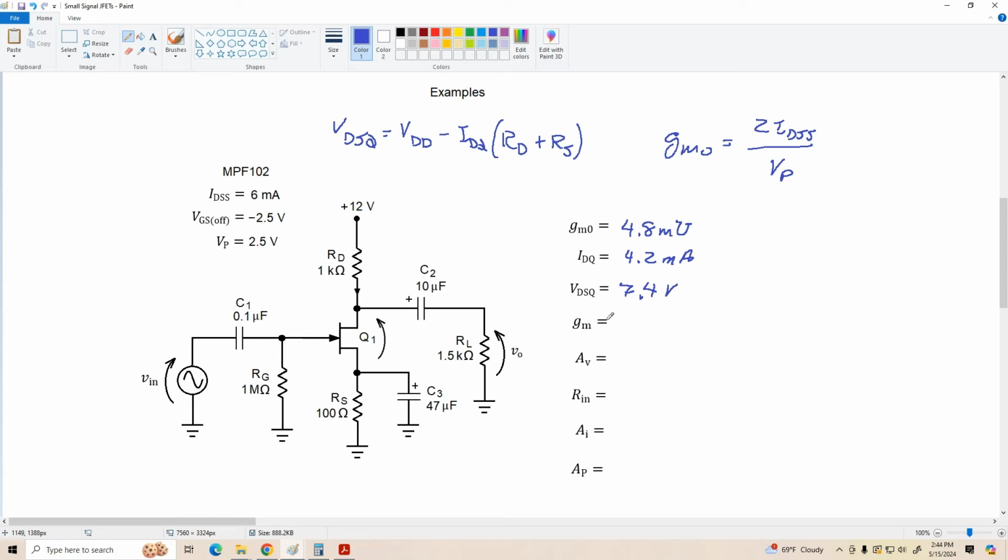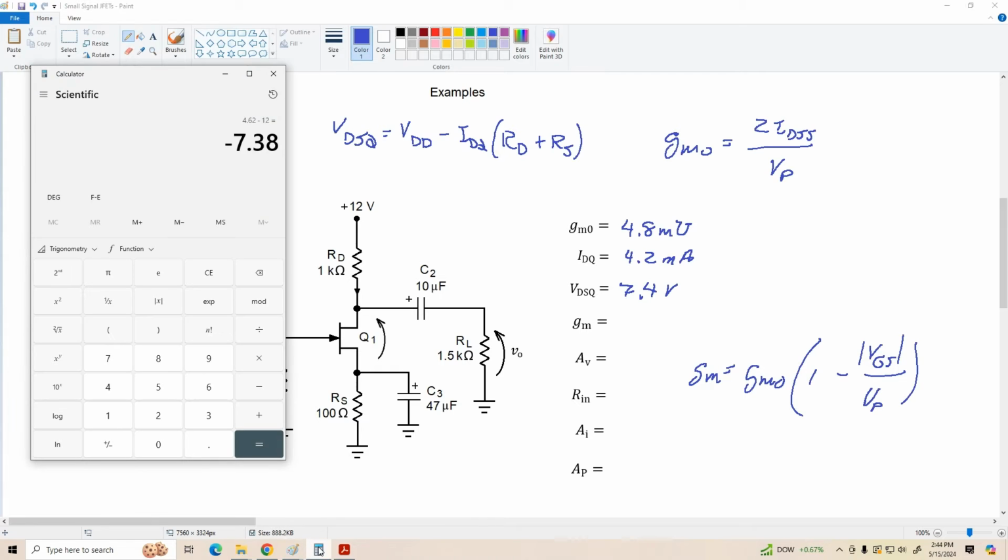All right, our transconductance at the Q point, GM, is equal to GMO times 1 minus the magnitude of VGS over VP. And if we call up the calculator, let's see what we get here. VGS is IDQ times RS, so 4.2 milliamps times 100 ohms is 0.42 volts divided by VP, which was 2.5.